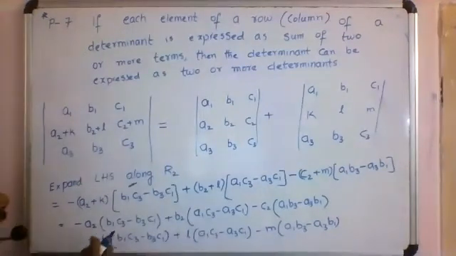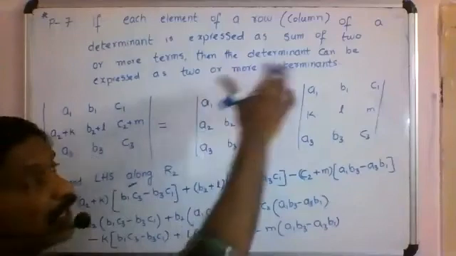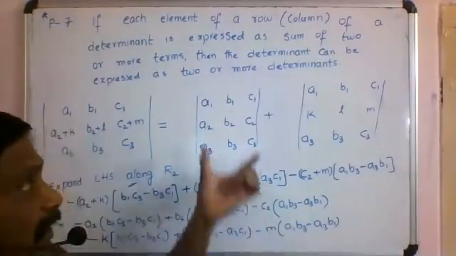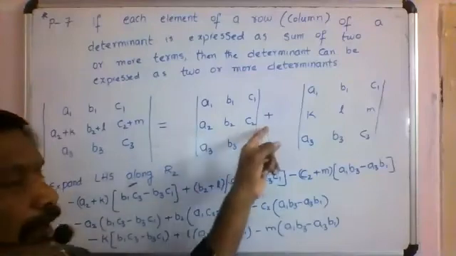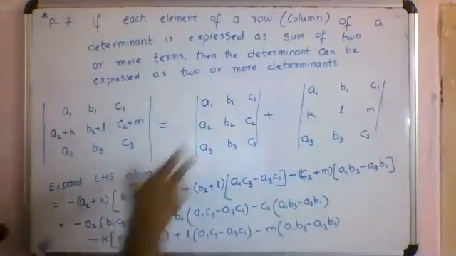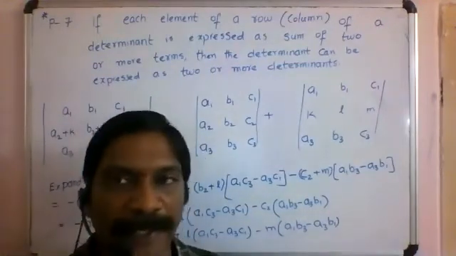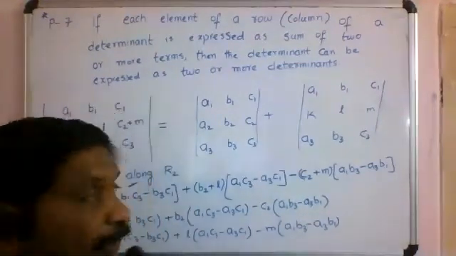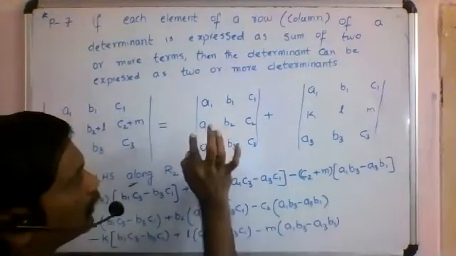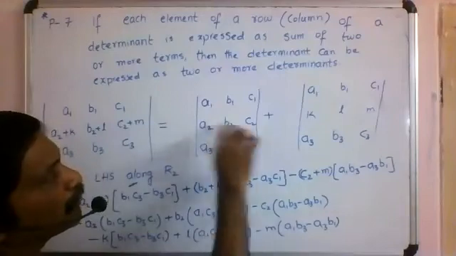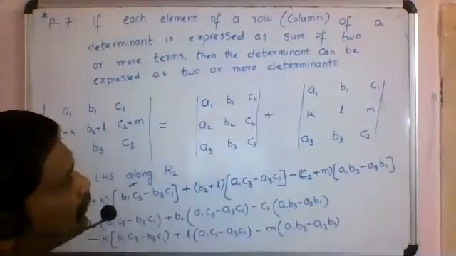Now if you observe the RHS, you expand this along second row. Because determinant means you can expand along any row or any column. If I expand this along second row, here minus A2 into, what should come? Minus A2 into B1 C3 minus B3 C1.